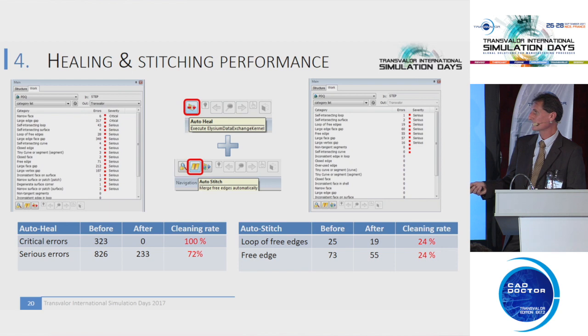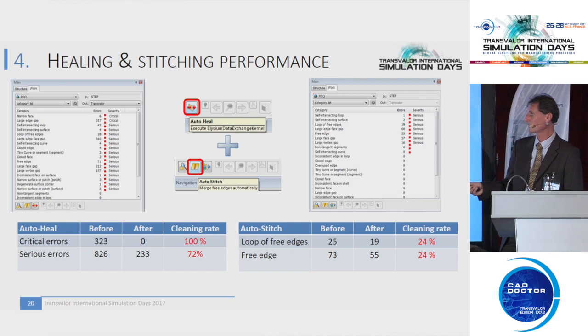You can see that after auto healing, we have no more critical errors, so we had a 100% cleaning rate for these kinds of errors, and a very high percentage also of cleaning rate for the serious errors. And after performing auto stitch, almost 24% of the errors have been automatically repaired.